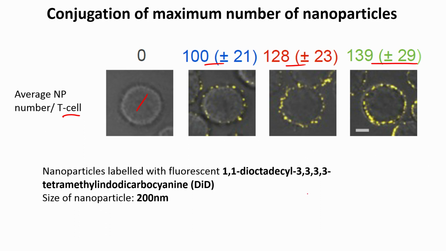Again in this case the particle size that they were using was about 200 nanometer, also labeled with the DiD dye that is being shown here as yellow. Then they decided that they do not want to affect the function too much. Maybe if they do a coating which is quite extensive, it might cause some aberration in the T cell function. So, then they went with a coating which is basically giving about 100 nanoparticles per T cell.